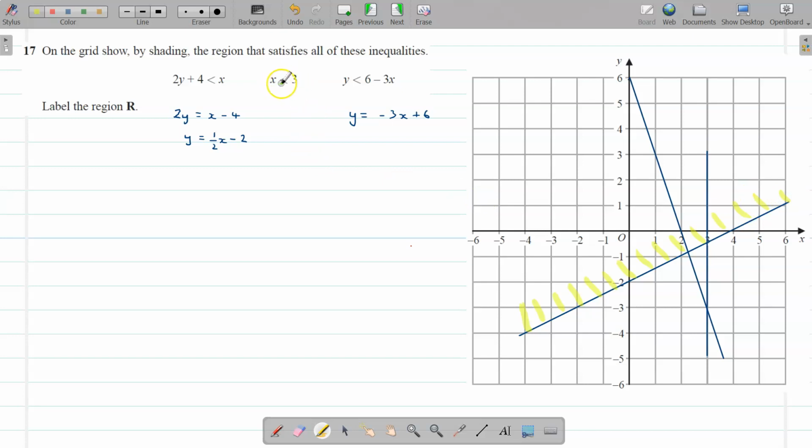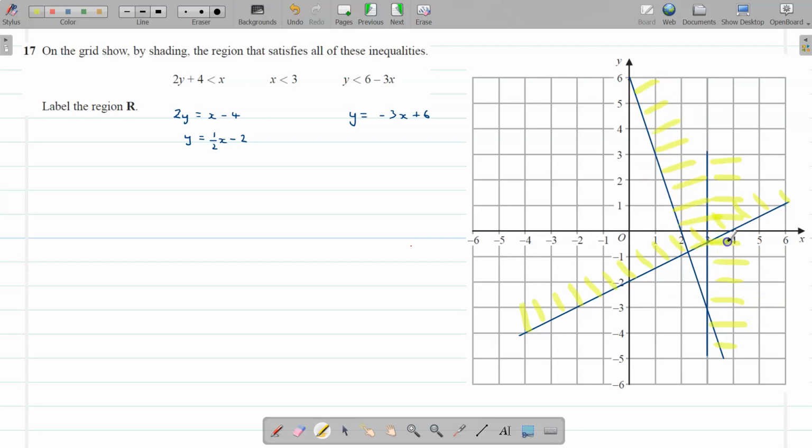I want x to be less than 3, so I'm going to shade in the bit that I don't want, which is where x is greater than 3. And the other bit I'm interested in is where y is less than 6 minus 3x, so I'm going to shade in the bit above the line where it's greater.